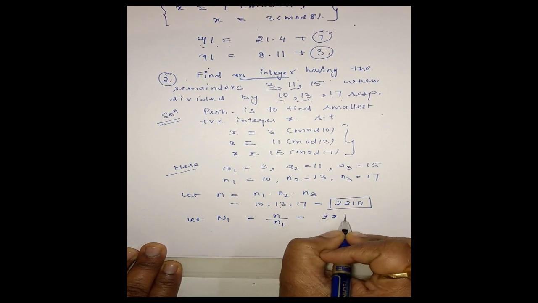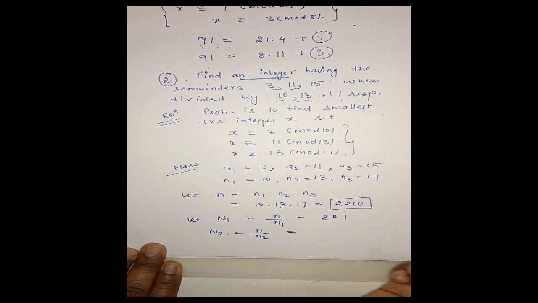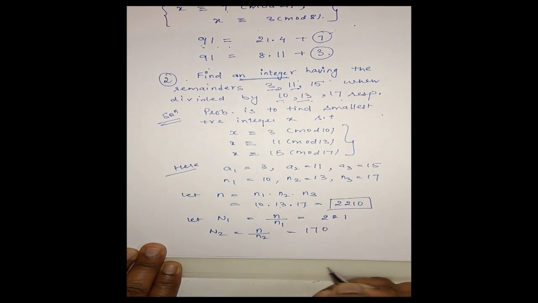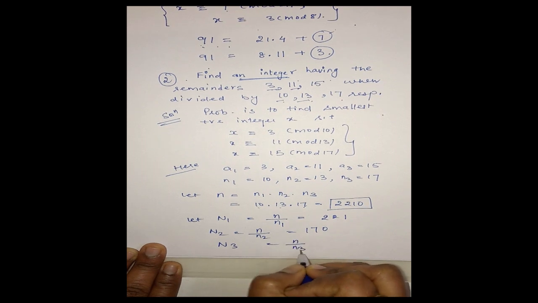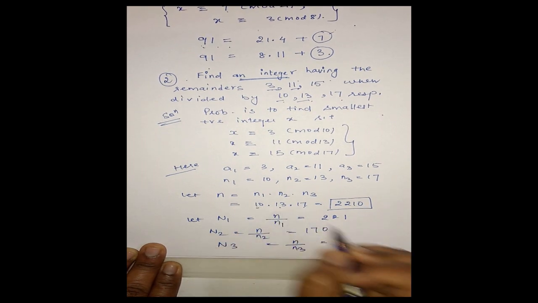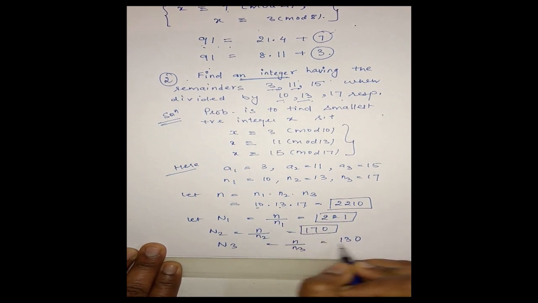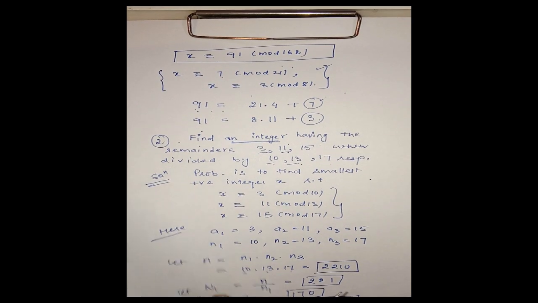That is 221. N2 is n divided by n2. That is 10 into 17, 170. Same way N3 is n divided by n3. That is 10 into 13. That is 130. Okay. Next we will solve the congruences.